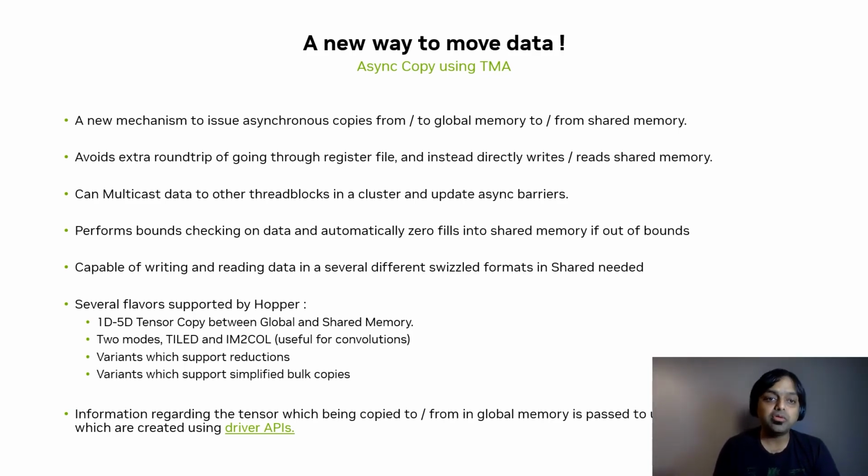It can also perform bounds checks on tensor extents and automatically zero fill data for out of bounds data. It can read and write in popular swizzle data layout formats in shared memory. This is a big benefit. It can also do several other things like handle 1 to 5D tensor coordinates, 2 modes of operation like tiled mode and im2col, and also supports other modes like reductions and bulk copies. More information can be found on the links attached.